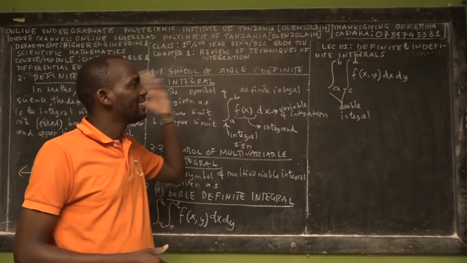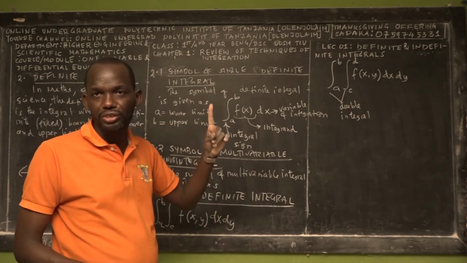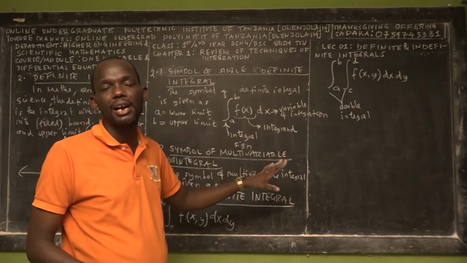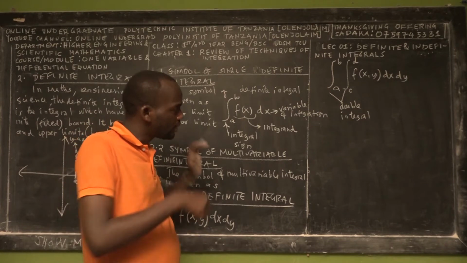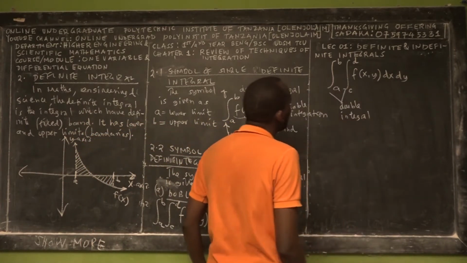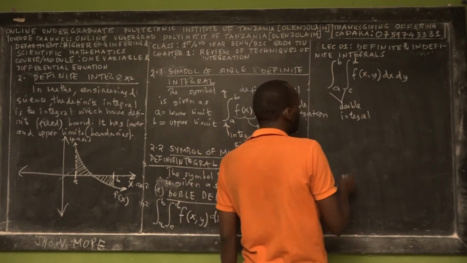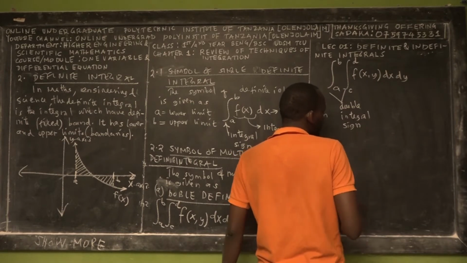More than 700 in a year are learning this course in one university. But it is also taught at the State University of Zanzibar, at the African United University of Tanzania, and at St. Joseph. So it's a double integral sign.